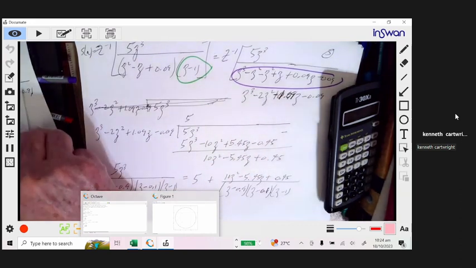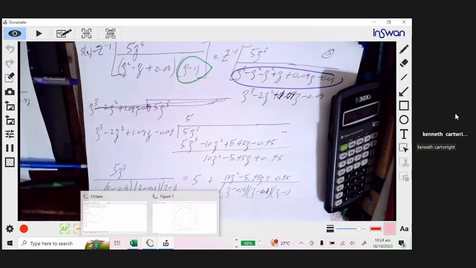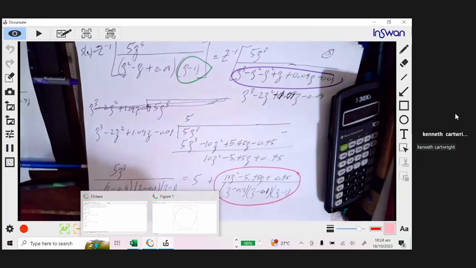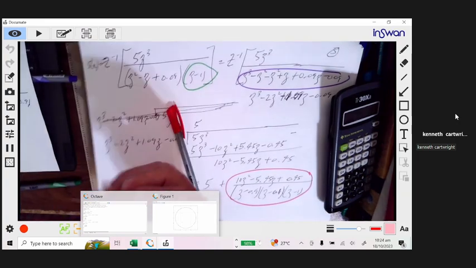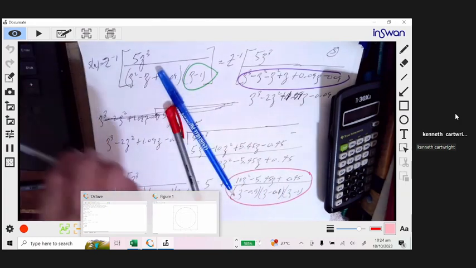So now you see, this is rational. It's proper. And we can take the inverse z of it.